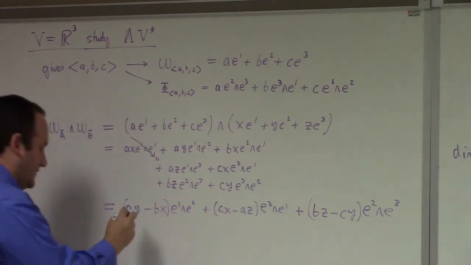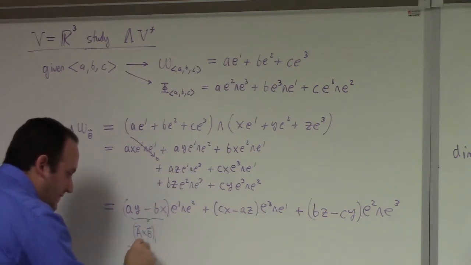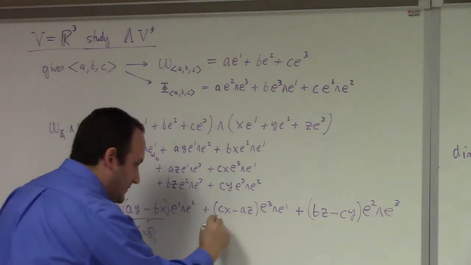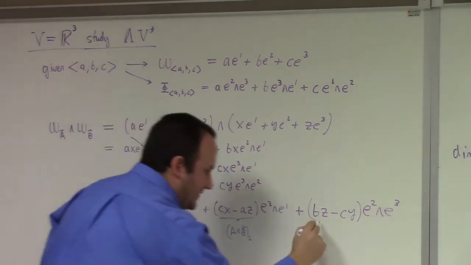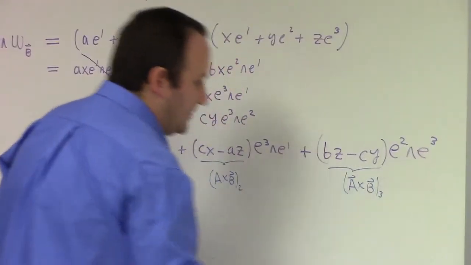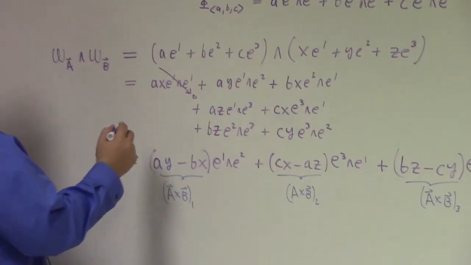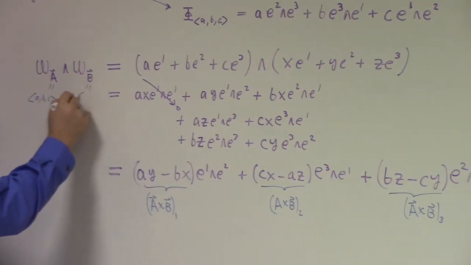So this is exactly A cross B: this is the first component of that, the second component, and the third component, where I'm saying that A is equal to ABC and B is equal to XYZ.